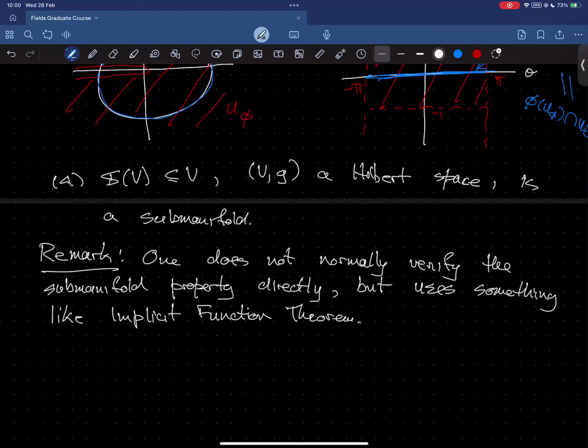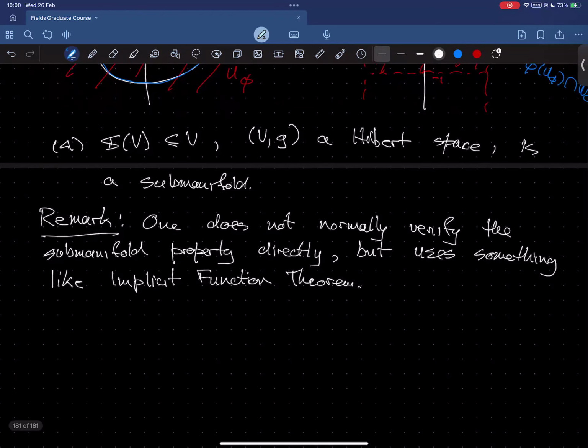So coming up with submanifolds in infinite dimensional spaces that are not normable can sometimes require some work, because you don't have a simple tool like the implicit function theorem to use. Okay, good. That's submanifolds.